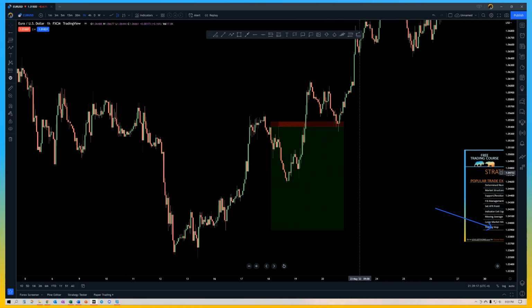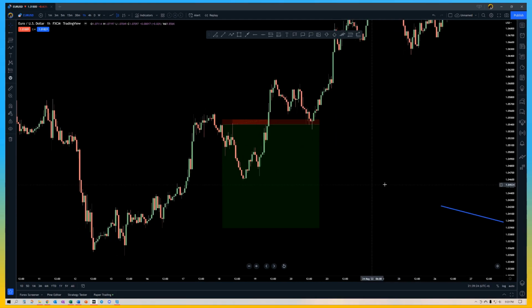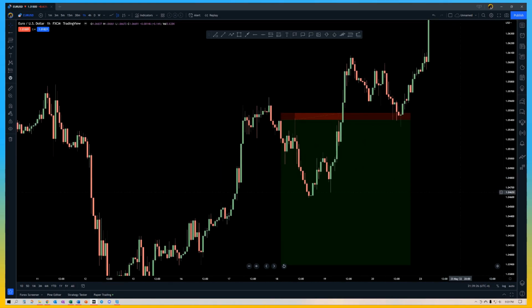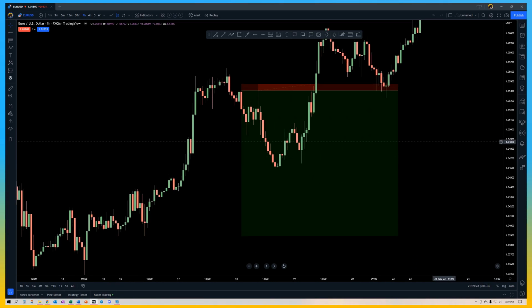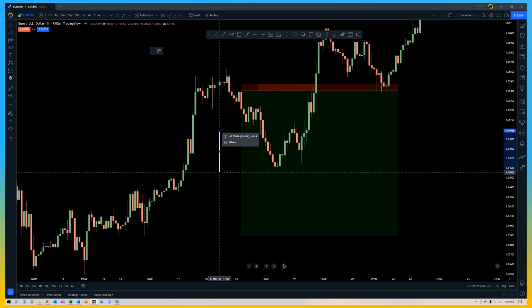But what we're going to say is, hey, we're going to enter this trade. However, the way we're going to run it is that if at any point price retraces, I'm only willing for price to go back, say 30 pips. Let's just draw ourselves a line that is 30 pips long right here, real quick.